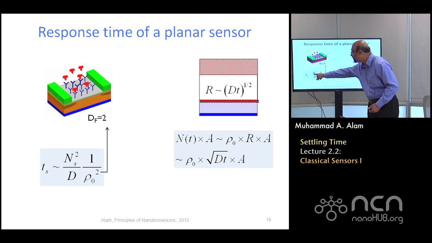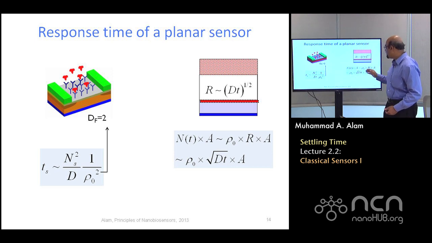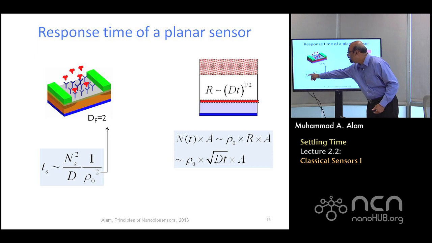It could be 100, it could be 500, or it could be 10, depending on the sensor. Put that N_s, solve this equation, the square root of Dt goes to the other side, and the sensing time or the settling time now becomes inversely proportional to the square of the analyte density.